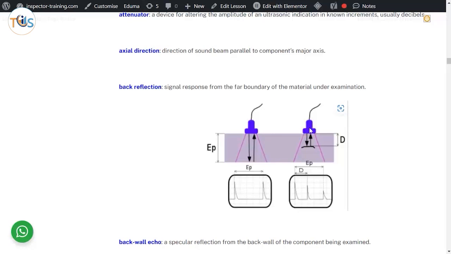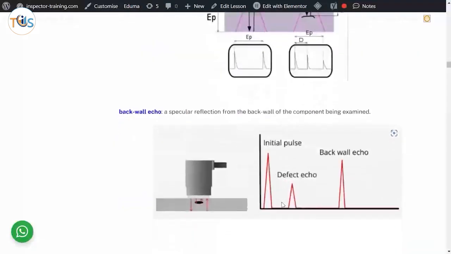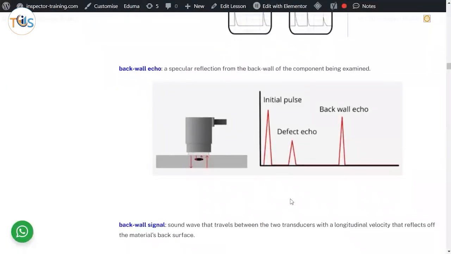That would practically be the length of the defect that you are hitting. Back wall echo, again, same thing. It hits and goes back. You've got the initial pulse, you've got the defect echo, and you've got a back wall echo here.